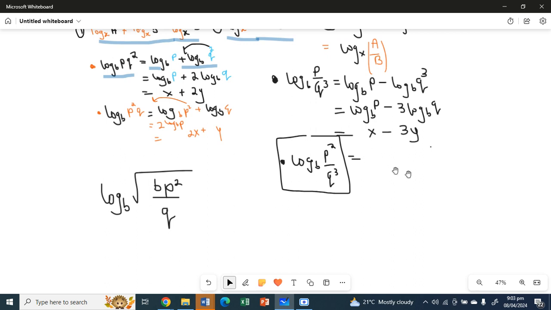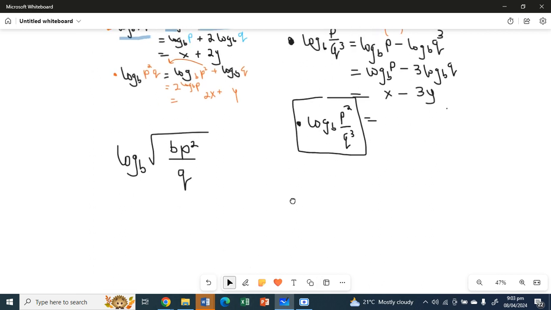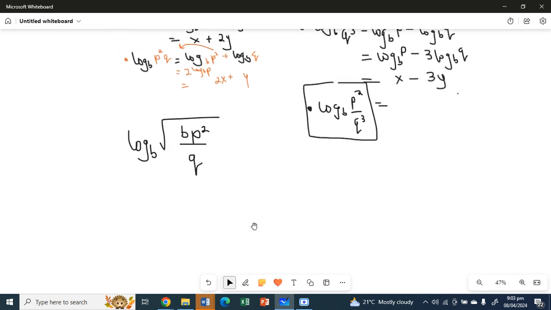Are we all okay with the quotient rule? I'll assume that is a yes then. Okay, we've got now the third question here. We've got log b over the square root of b p squared over q.